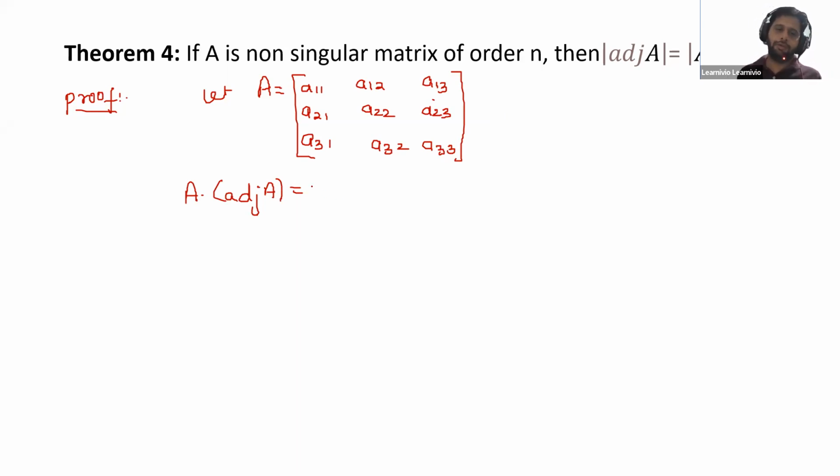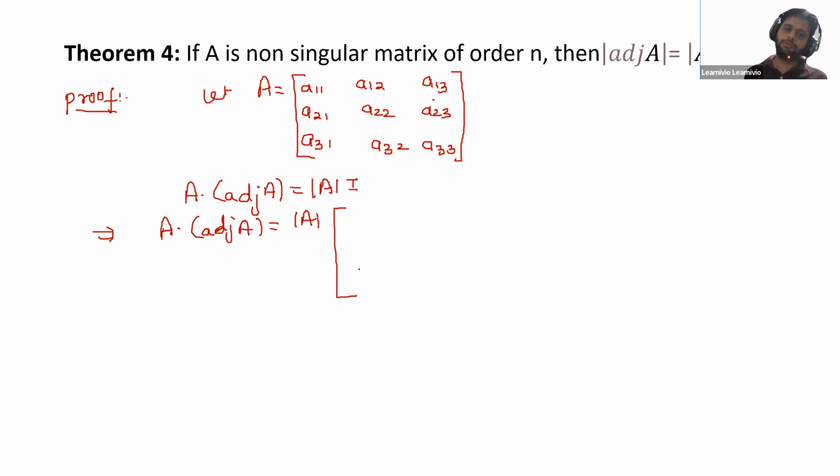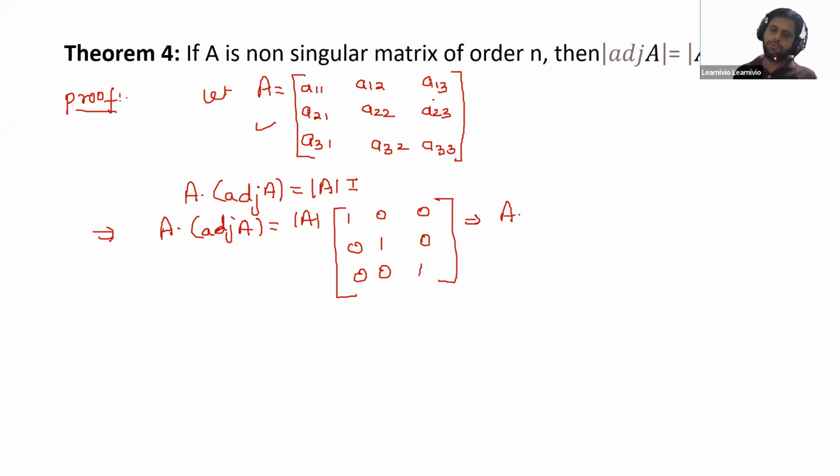This is equal to determinant into I. So A into adjoint of A is equal to determinant of A times the identity matrix. If the matrix is of order 3, then the identity should also be of order 3.